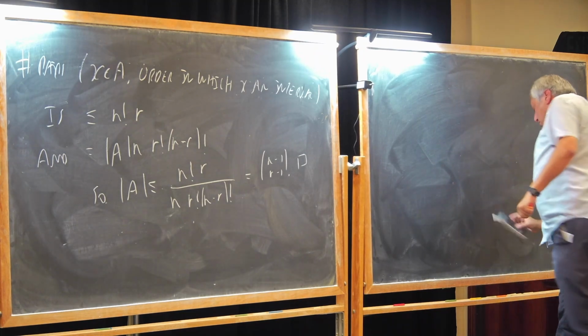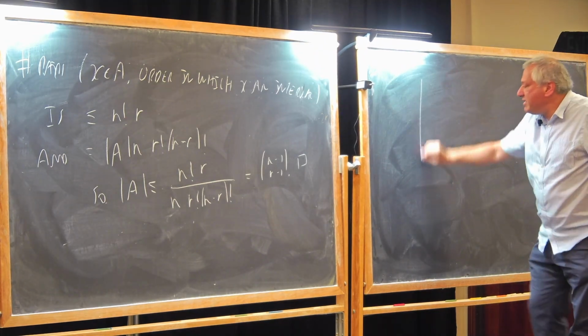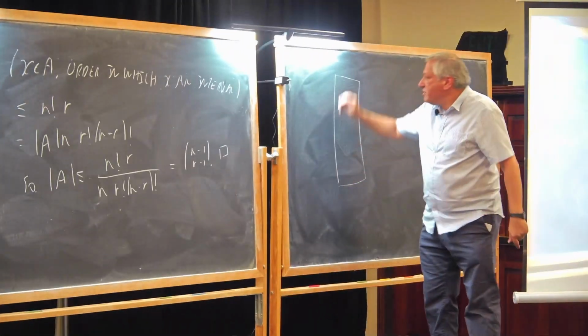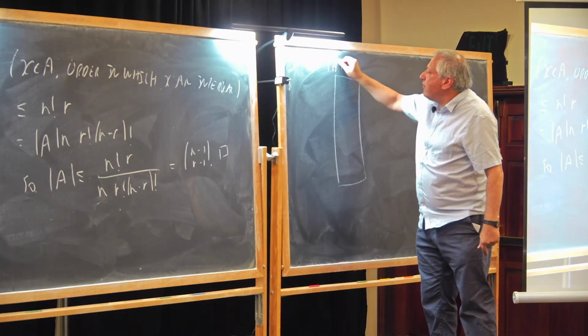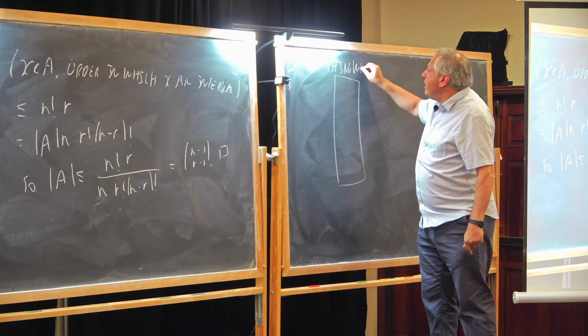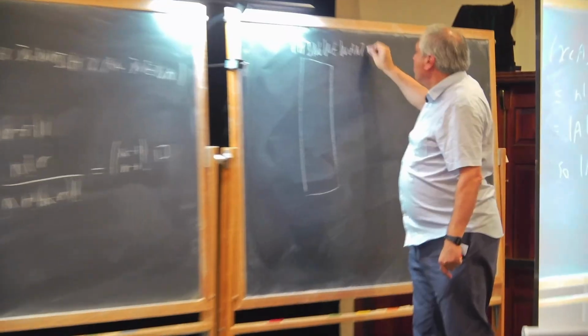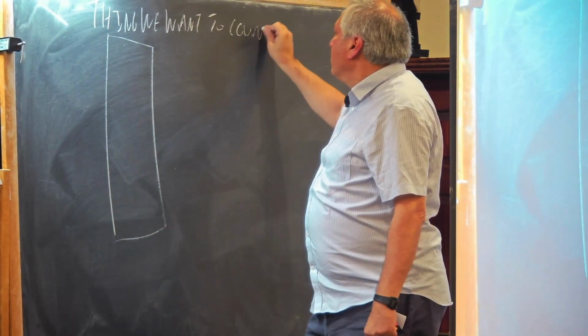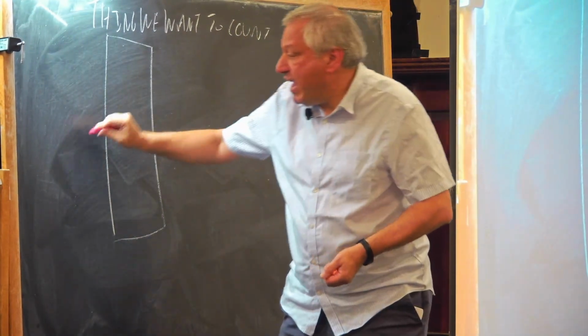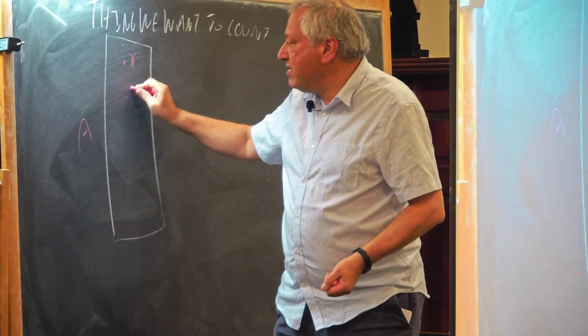In a sense, you could say we had here a box, this was A, the thing we want to count. So it happened to be the family A. Here are all the X's there.